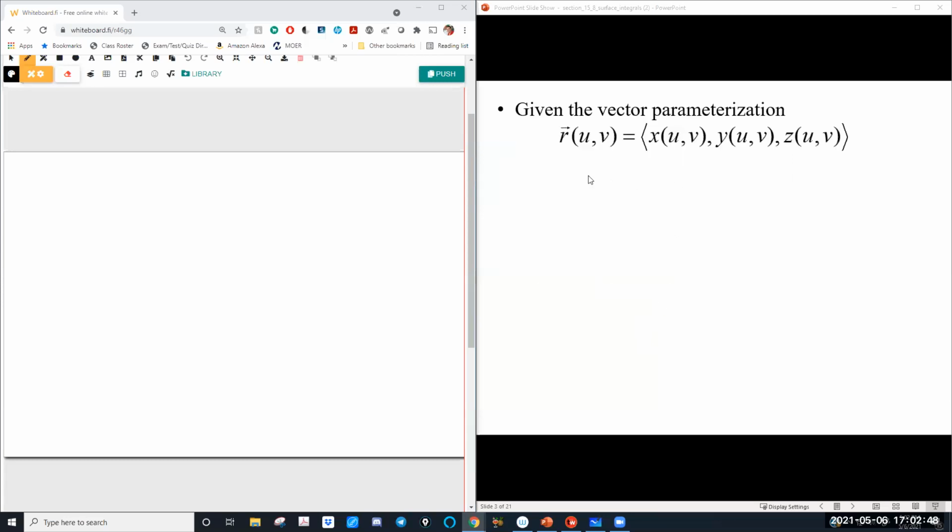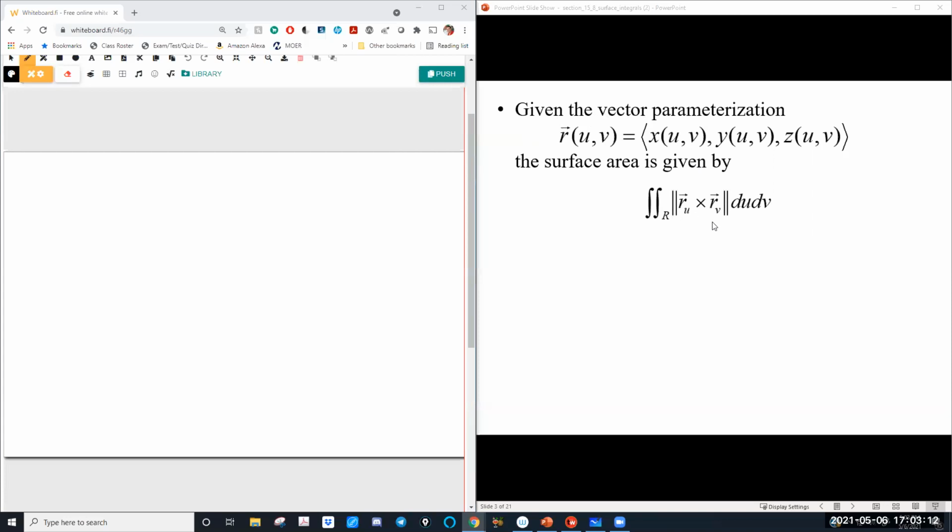So if we have some vector parameterization, we looked at a cylinder, we looked at a torus, we looked at those parameterizations last time. This could be the parameterization of any of those. The surface area is given by the following formula. We basically do the double integral over the region of the magnitude of the cross product.